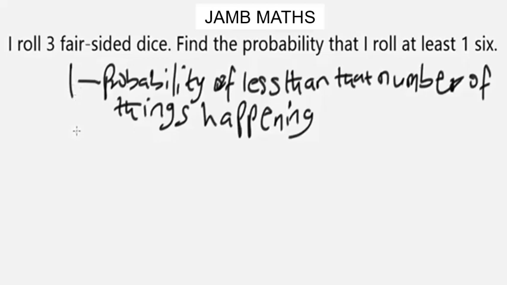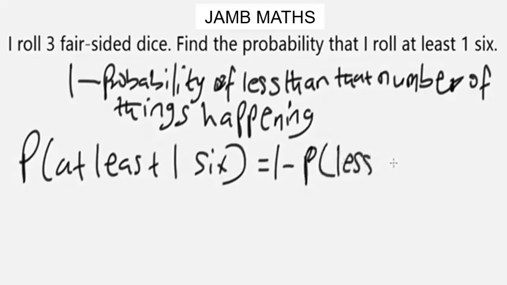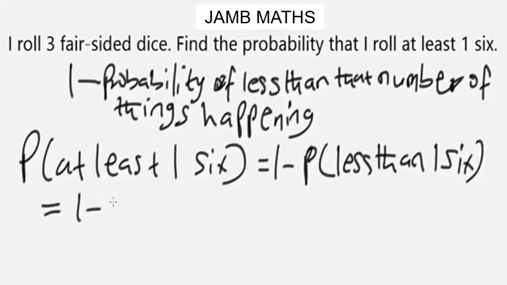Firstly, we need to rewrite this as 1 minus the probability. Mathematically, from this question, this can be expressed as probability of at least 1 six, which is the same thing as 1 minus probability of less than 1 six, which is the same thing as 1 minus probability of no 6.